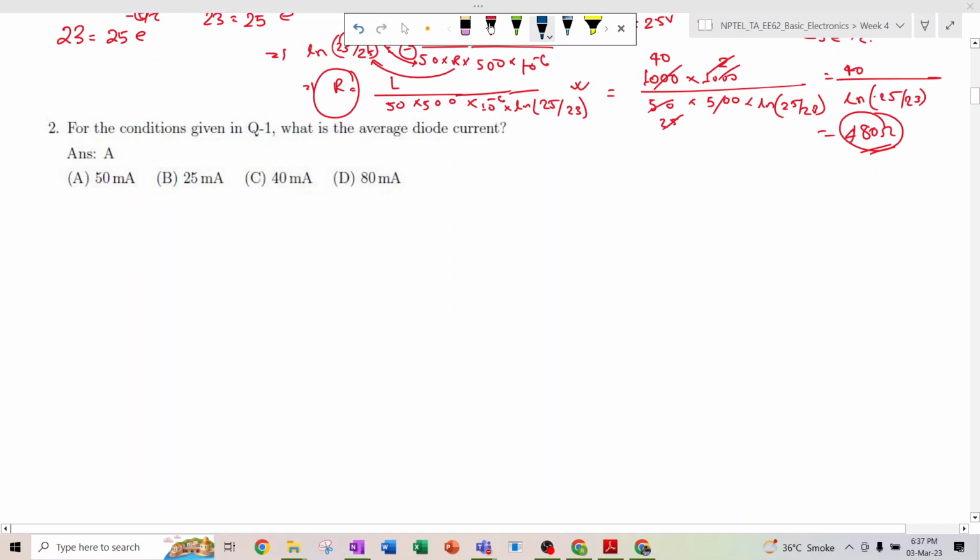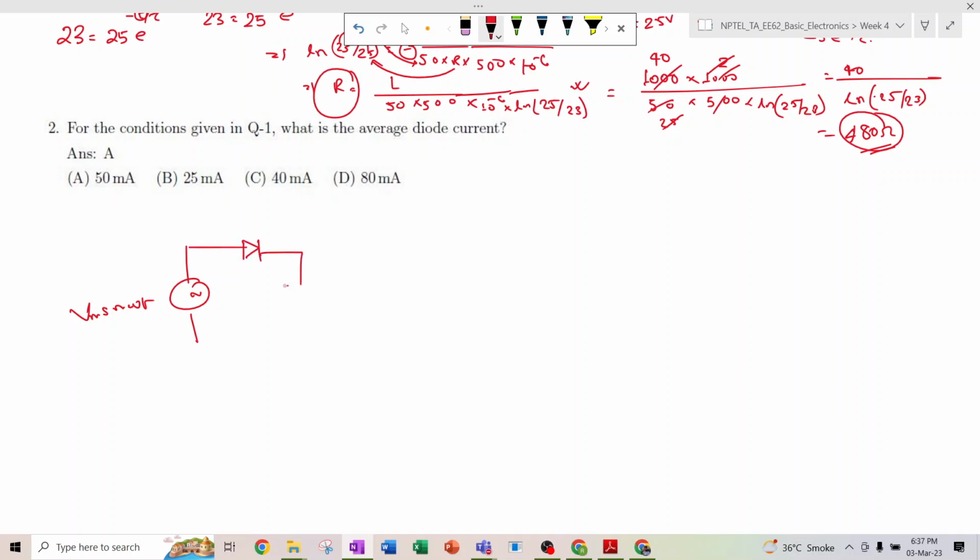So for the next question, for the condition given in question 1, what is the average diode current? It is Vm sin omega t. There is some current flowing through the diode ID.